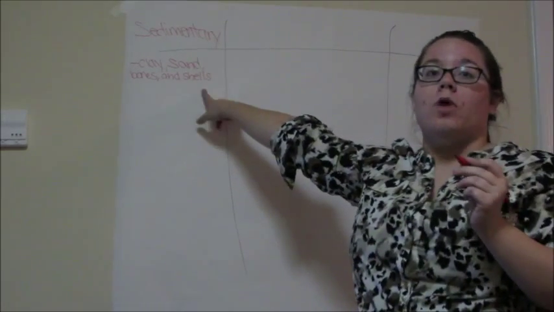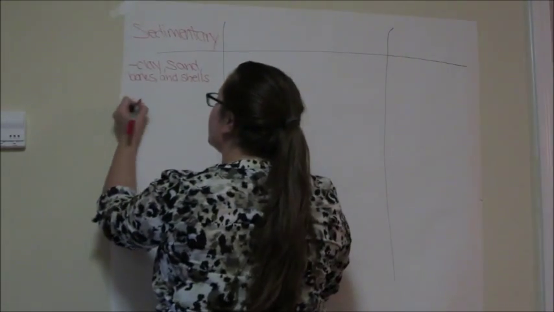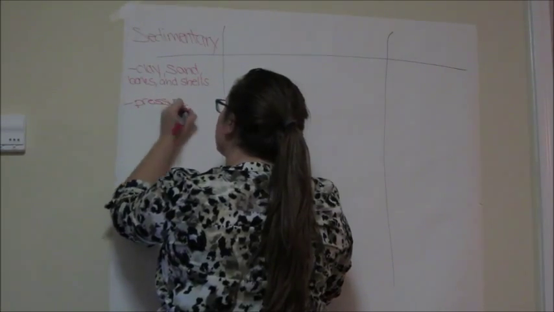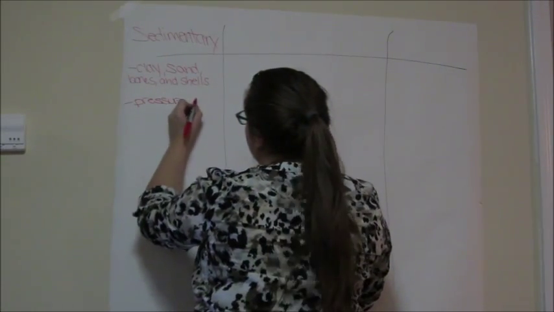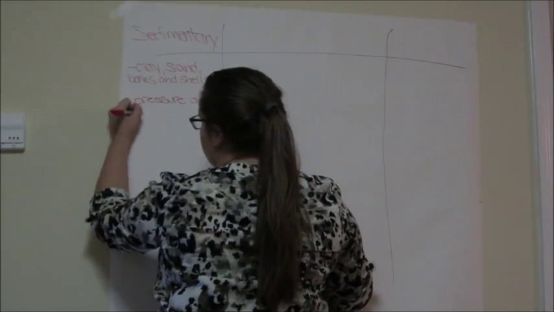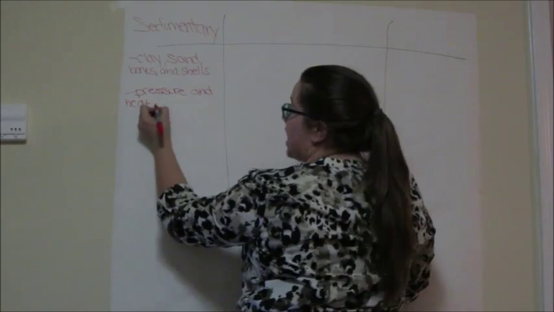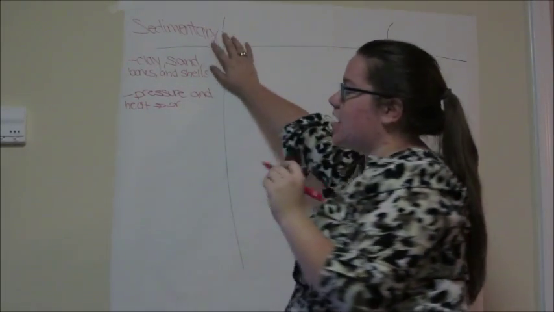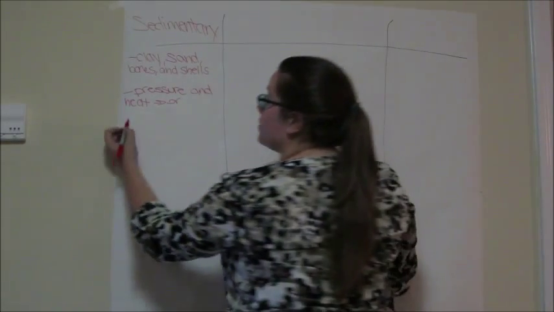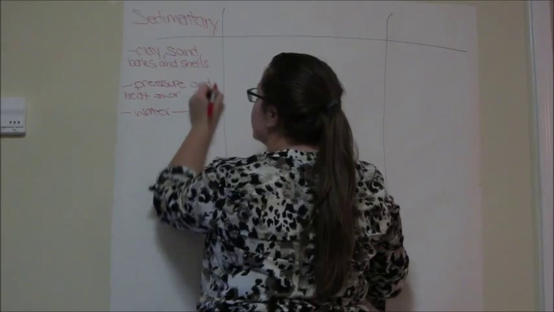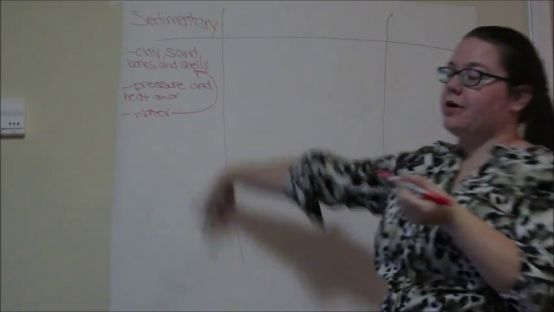Sedimentary rocks are formed through pressure and heat. Sometimes it can be ore. Also, sedimentary rocks are often found near water because of all the sediments that are required for sedimentary rocks.